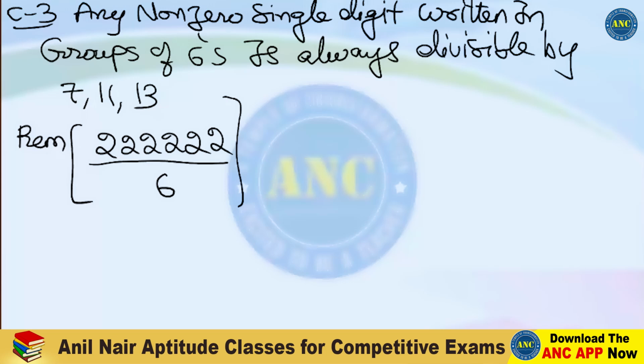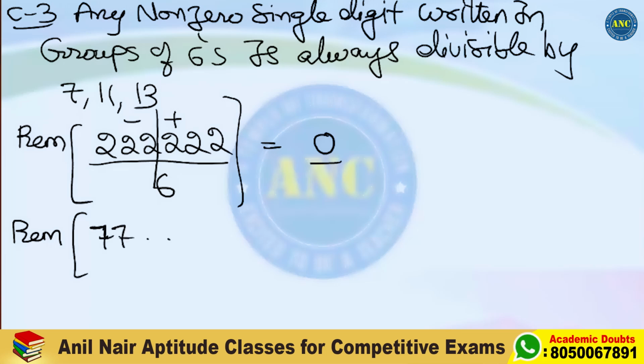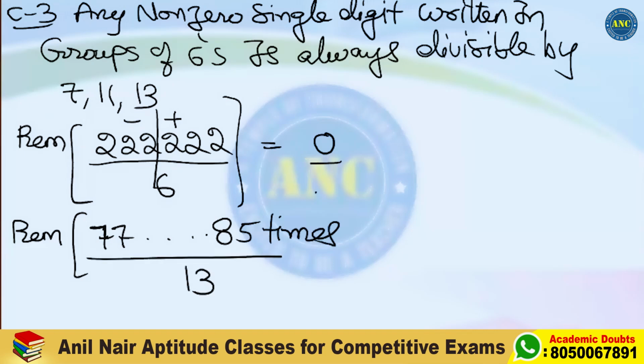take a group of 3 digits, put a slash, alternately add and subtract. 222 minus 222 is 0. Are you all with me? Right? Suppose it is 7 written 85 times divided by 13.